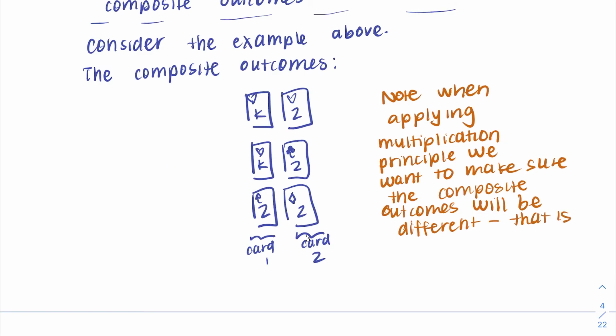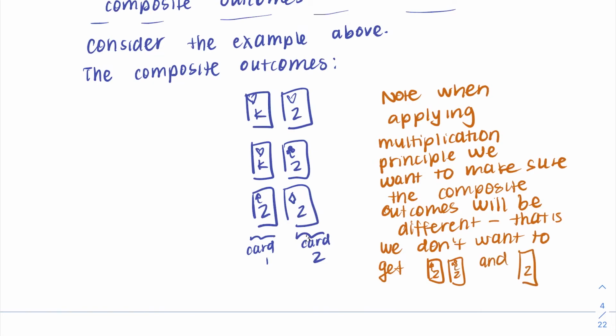That is, we don't want to get 2 of Spades, 2 of Clubs, and then get it again, and then get 2 of Spades, because that would be a repeated outcome.